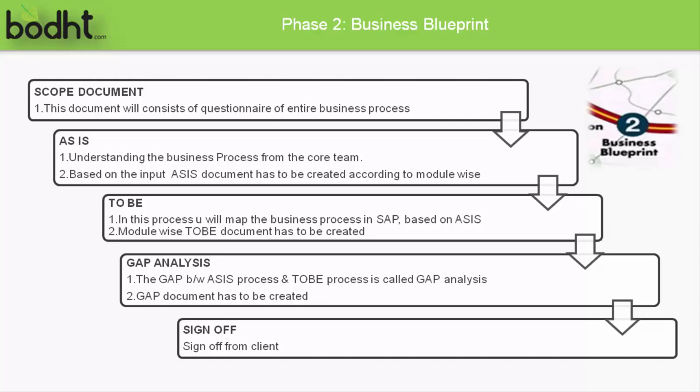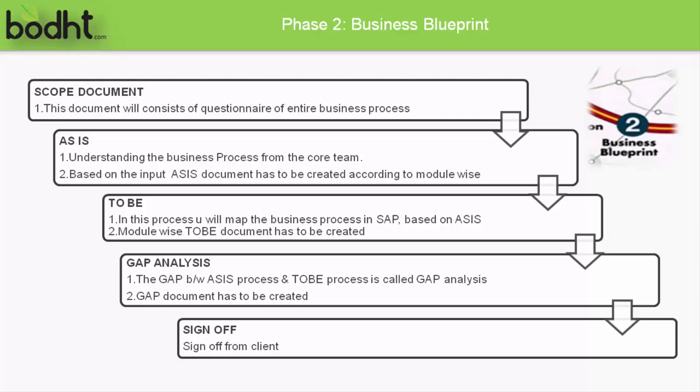To understand the process, the very first thing we would do is prepare a set of questions for the client so that we get all the answers and we understand the process. That is usually called the scope document, where we post all the questions. This is the scope document.